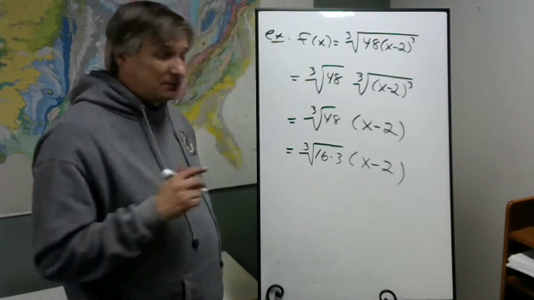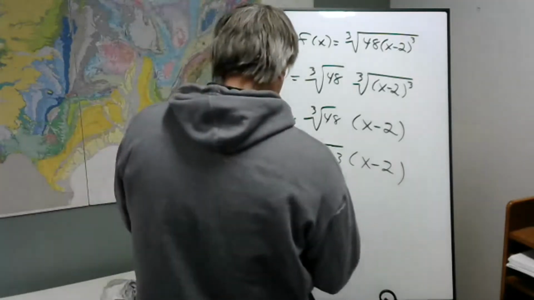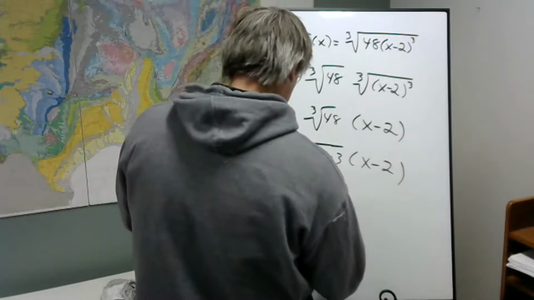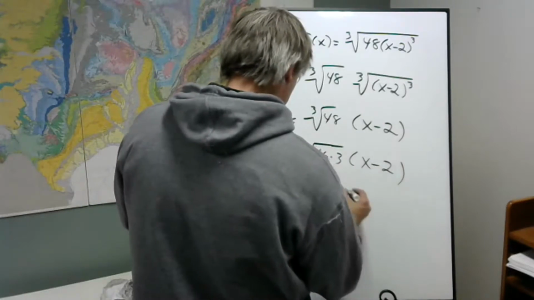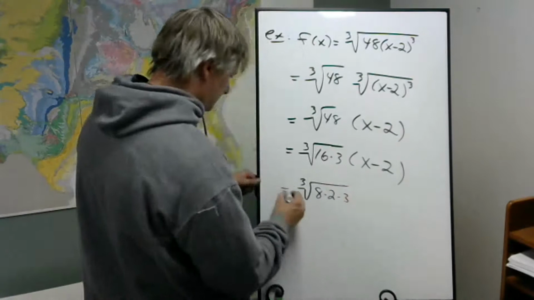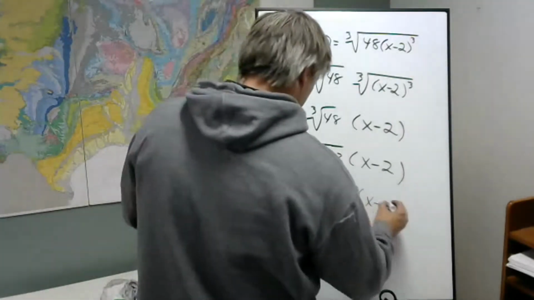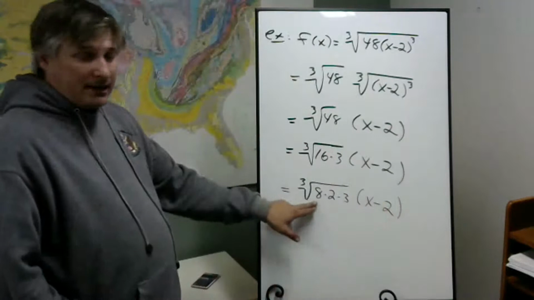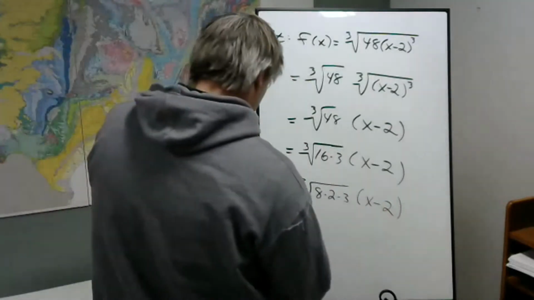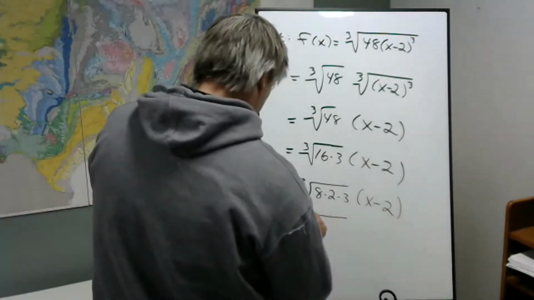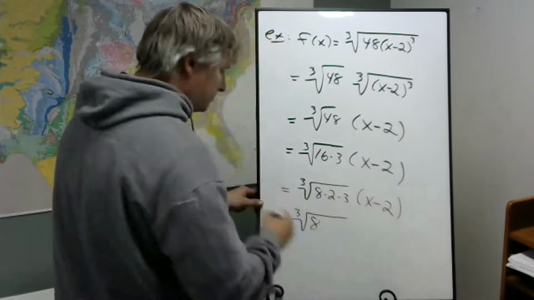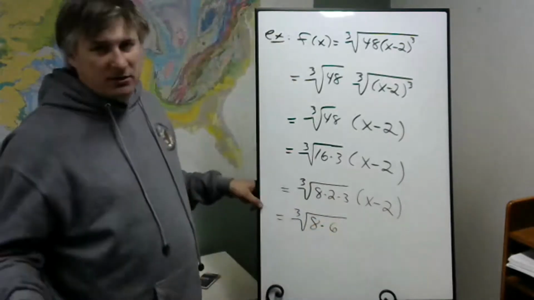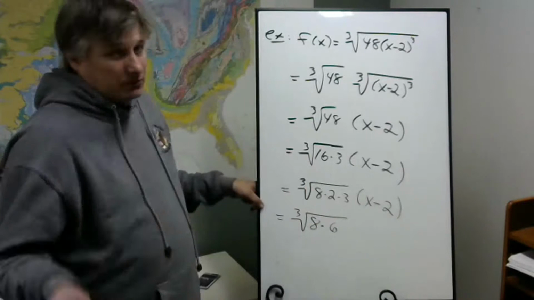So we can try this. Now we do have a cube root for 8. And what we could do, instead of 2 times 3, we can call this simply 6. Now we don't have a cube root for 6. We don't have a square root for 6.